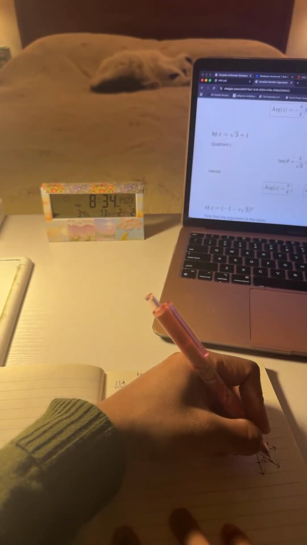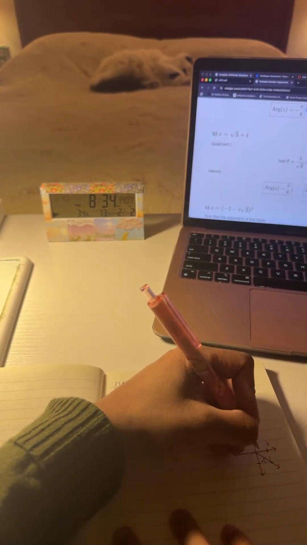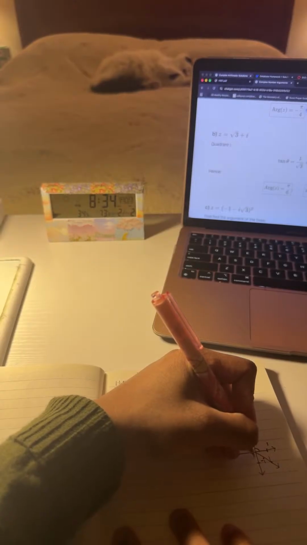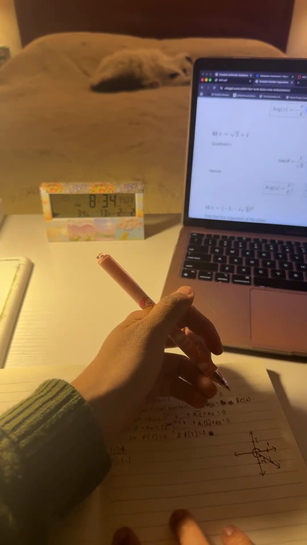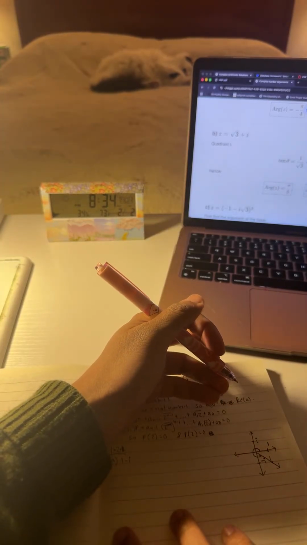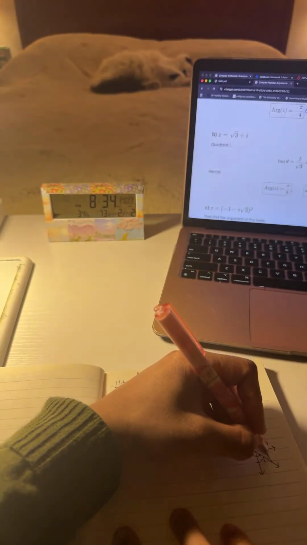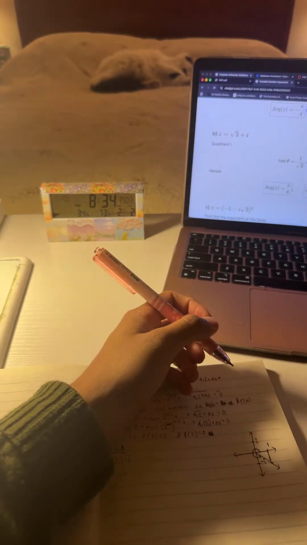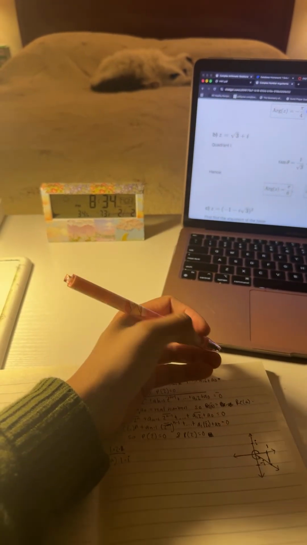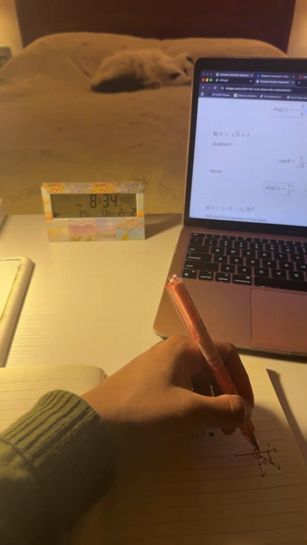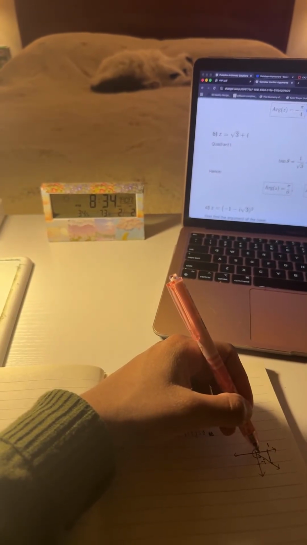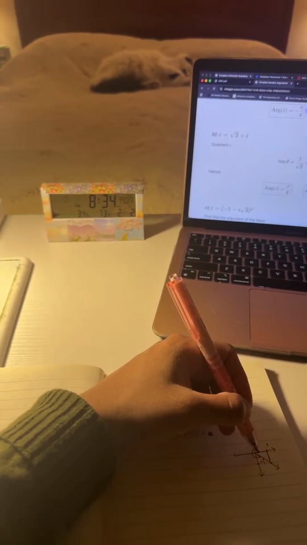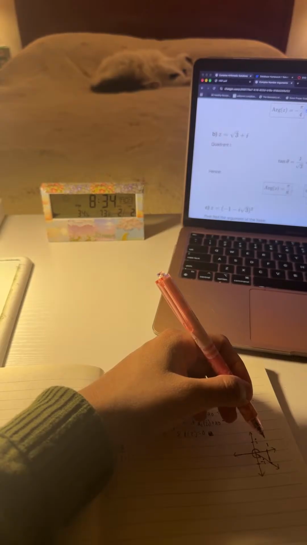So this is the counterclockwise thing we're dealing with. So opposite of this would be negative 1 over adjacent would be 1.